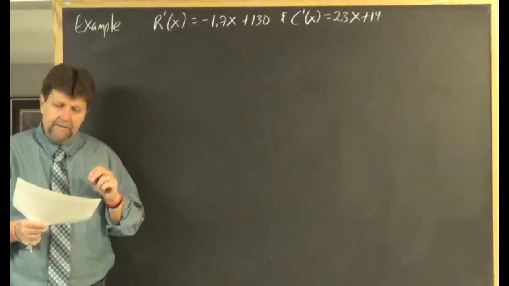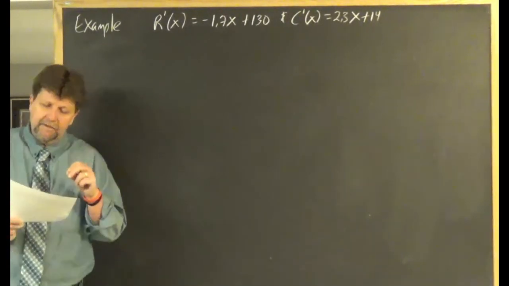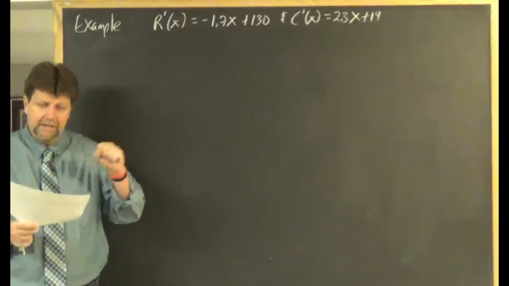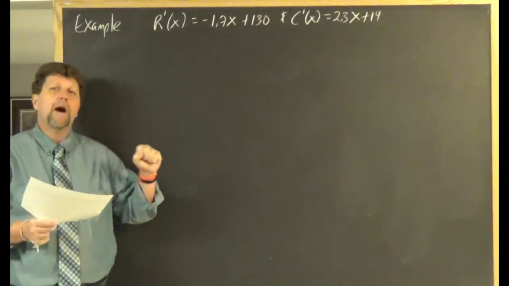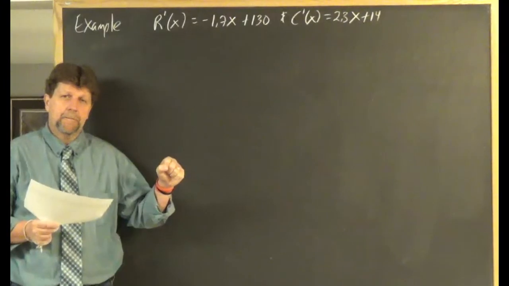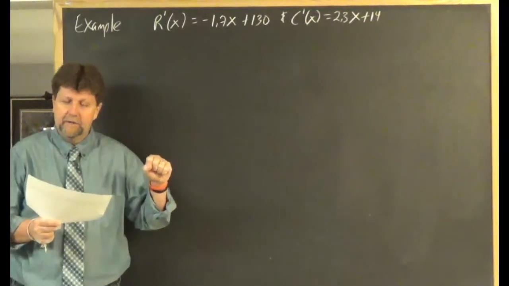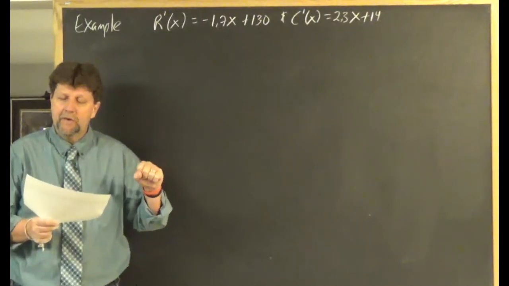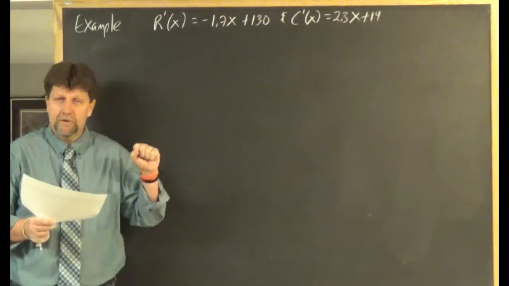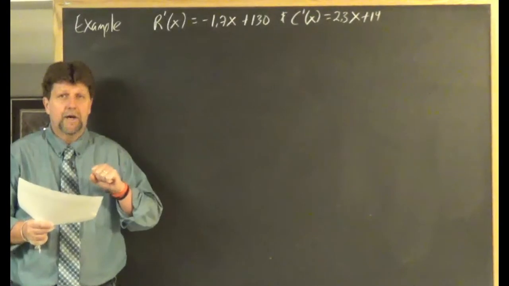And we're being asked to find the total profit from x equals 0 to where profit is maximized. Now it said in the example, compute the total profit from x equals 0 to the value of x where marginal revenue equals marginal cost.